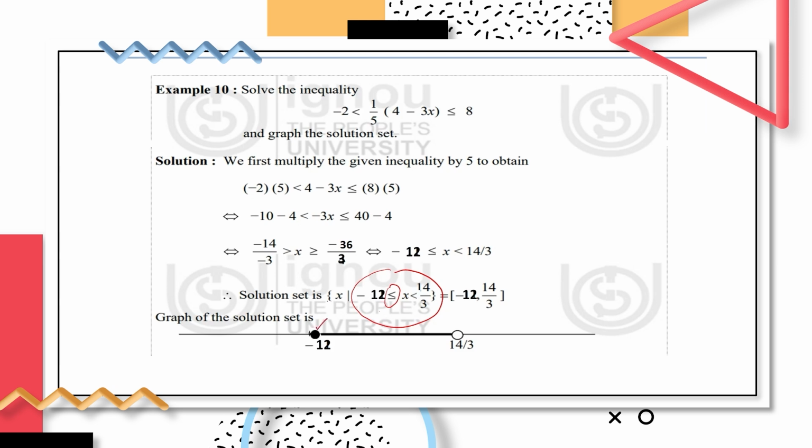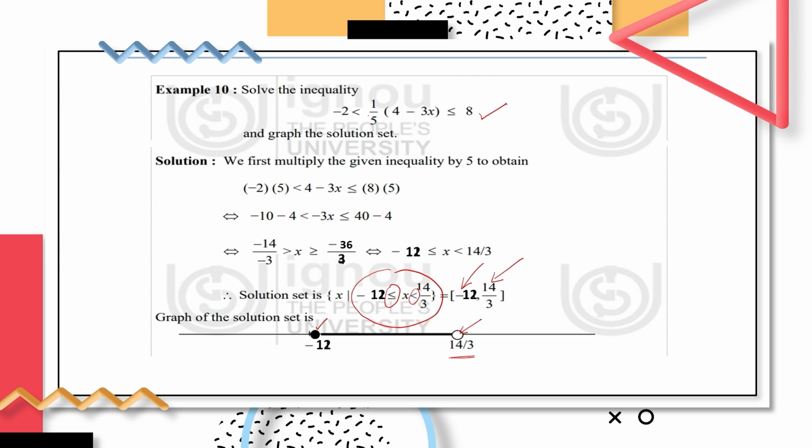That's why when we are graphing the region, we have a solid filled circle at the point minus 12, and there is no equal to sign for 14 by 3. So, that is why we have an unfilled circle to represent the point 14 by 3. That means 14 by 3 is not included in the solution, whereas minus 12 is included in the solution of the given inequality. Now, the steps of solution of this inequality are pretty much the same.